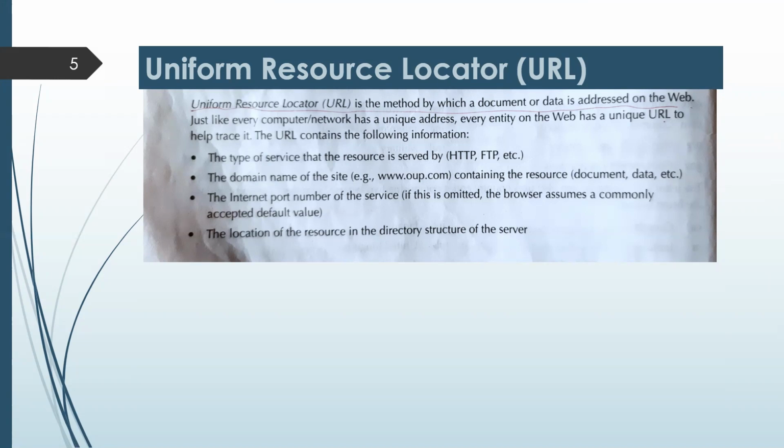It is just like a computer network has a unique address. As we have already discussed in the previous lectures, every computer has a unique address, the internet protocol address, and with a unique URL, it can be traced.